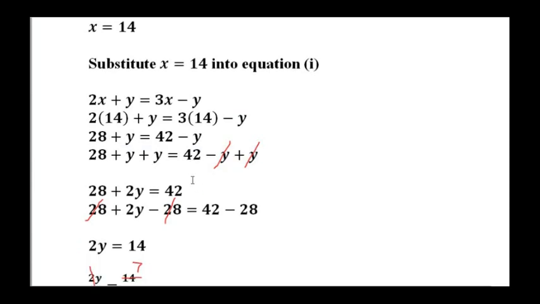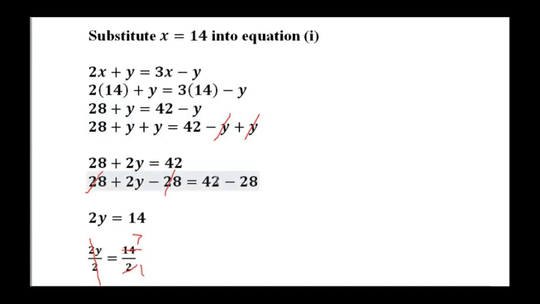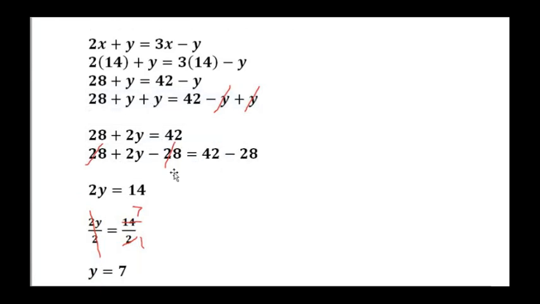To solve for y in this equation, we can either add or subtract y from both sides. I'm going to add y, which will result in 28 + y equals 42 - y + y. 28 + y and + y, they are like terms, so their sum is 2y equals 42.